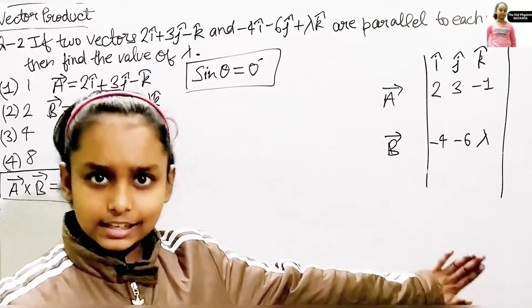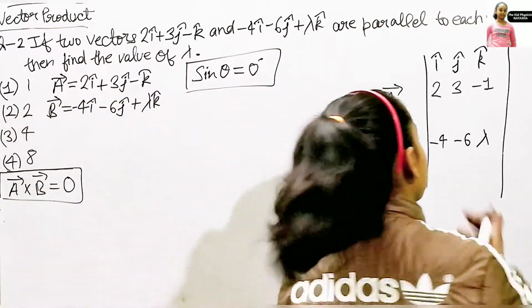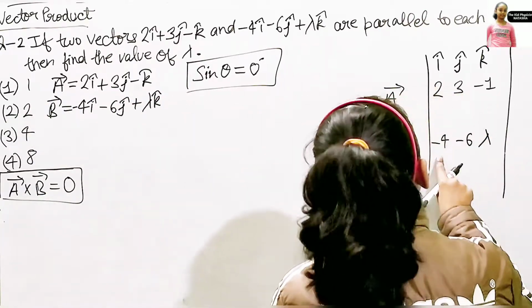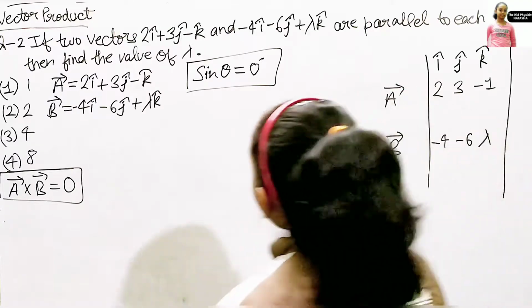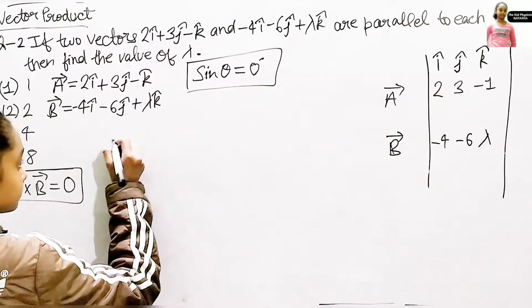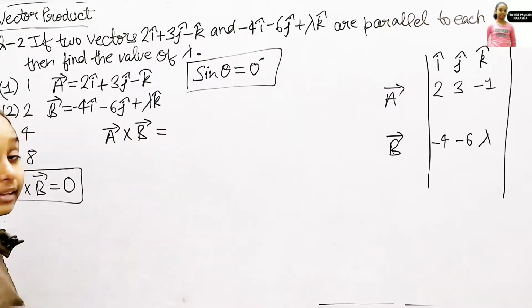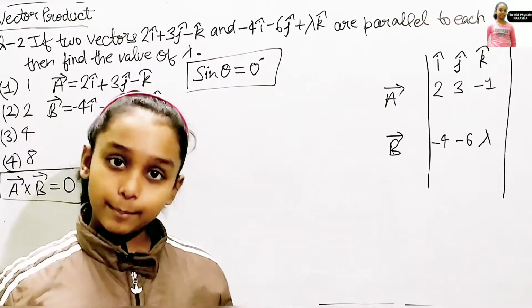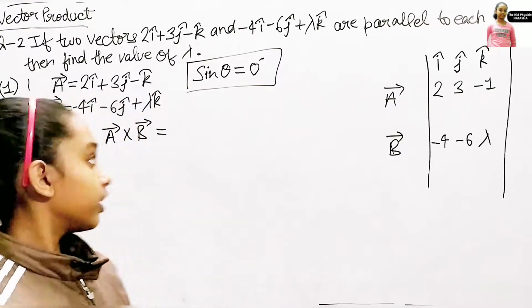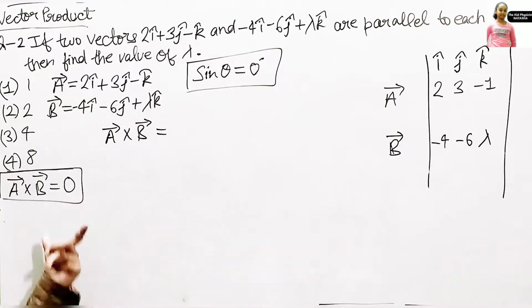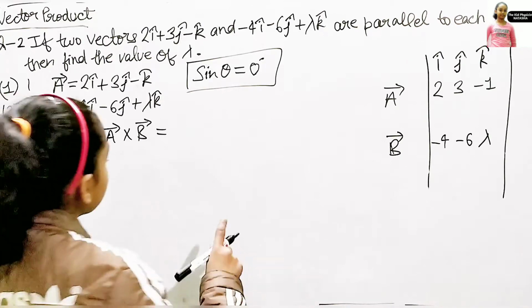Clear? 2, 3, minus 1, minus 4, minus 6 and gamma. Remember that we are not finding cross products, we are finding the value of gamma.